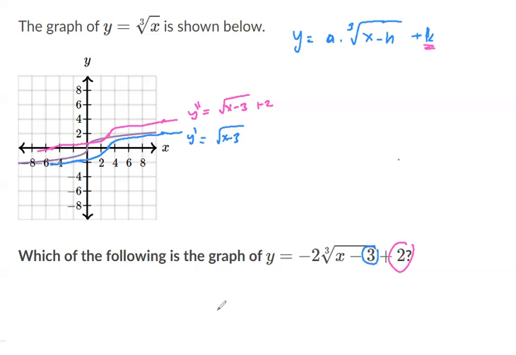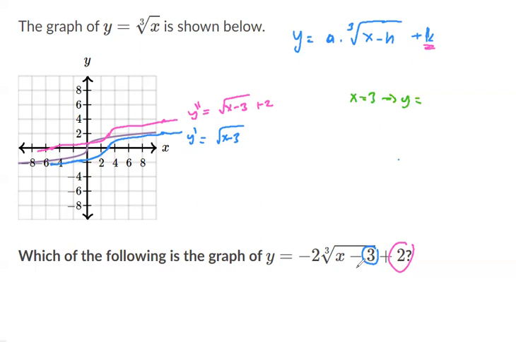Let's try that in a different color. If I choose the first point we have, 3 comma 2, let's choose 3 for x. If x is 3, let's see the y value.